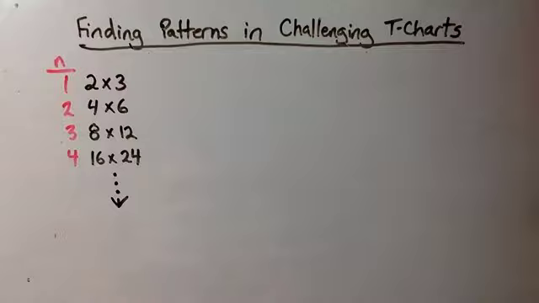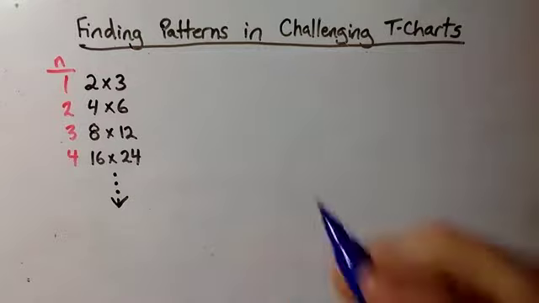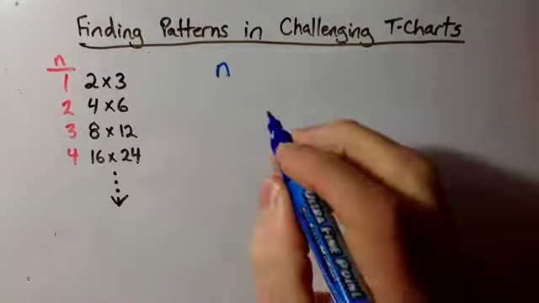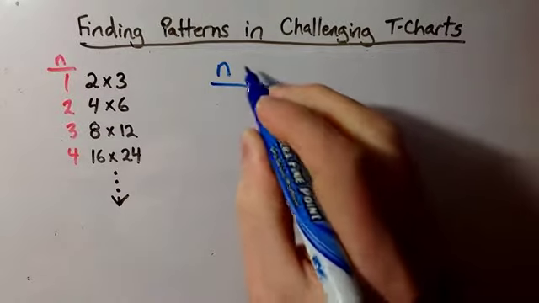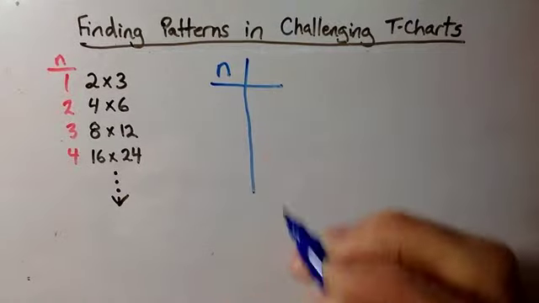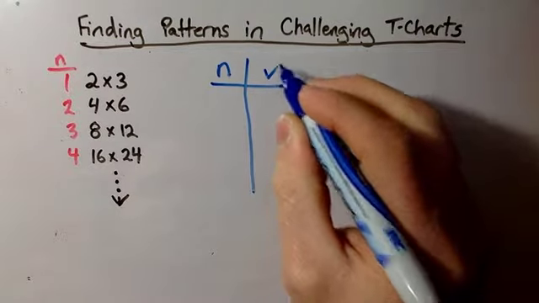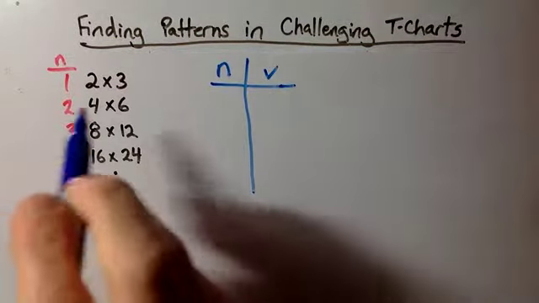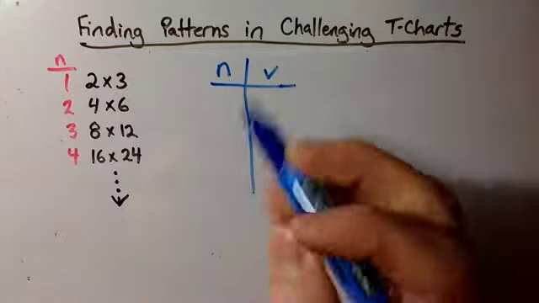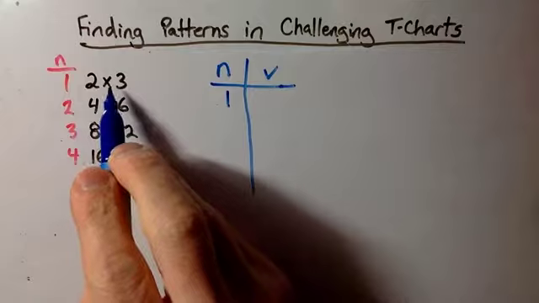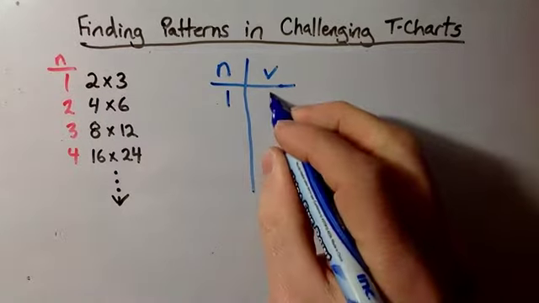So if we were to create a T-chart using this information, we could start off by having a row for n, and then also having whatever our value is. In this one, our first value for term 1 is going to be 2 times 3, which is 6.